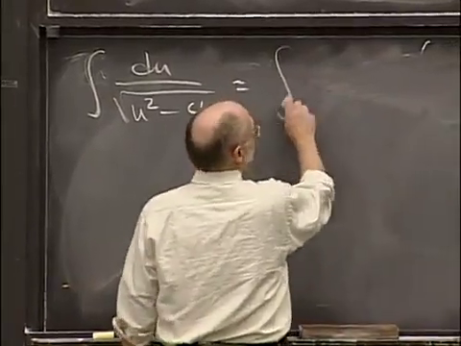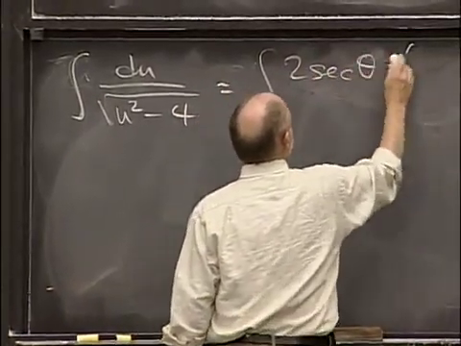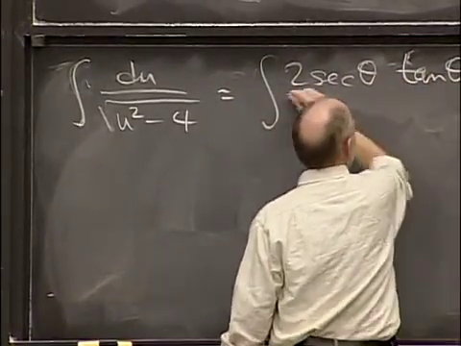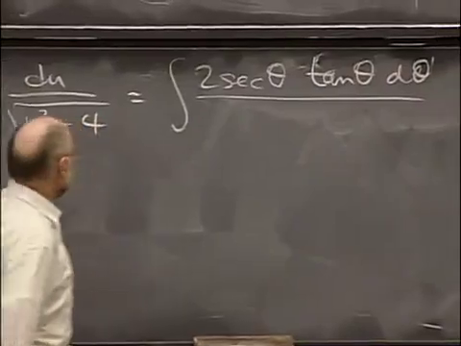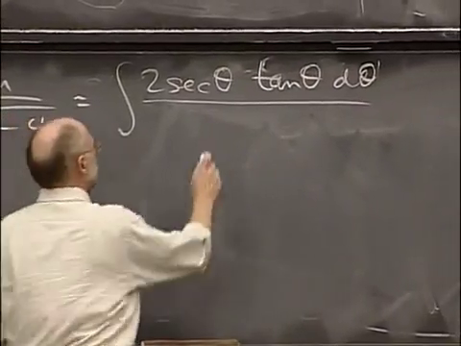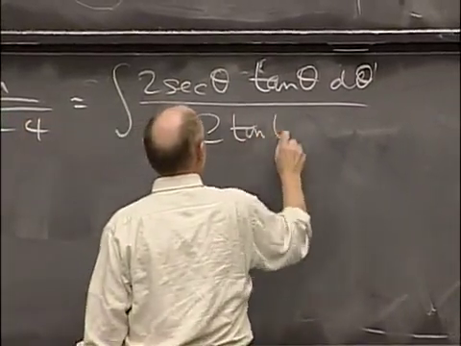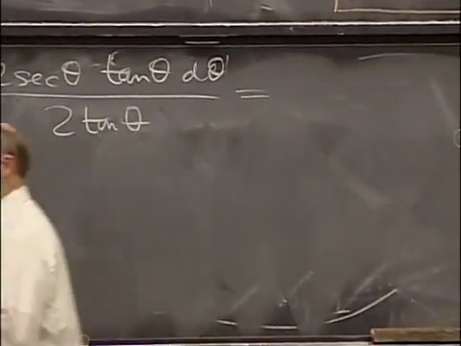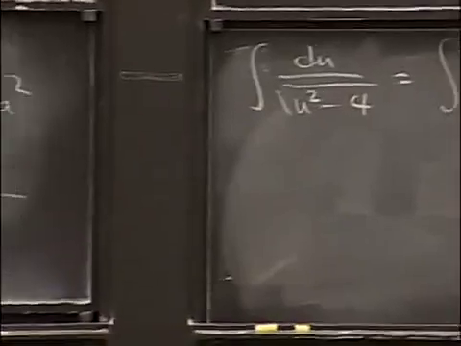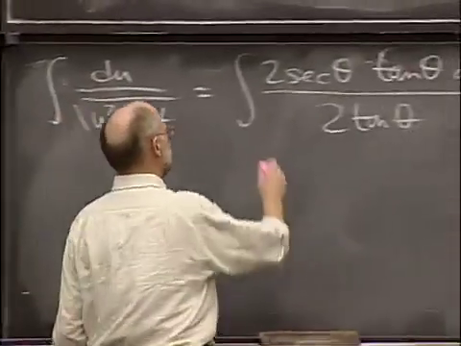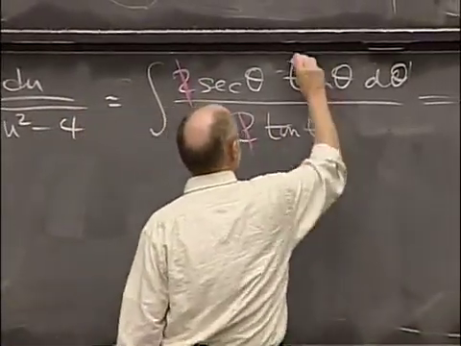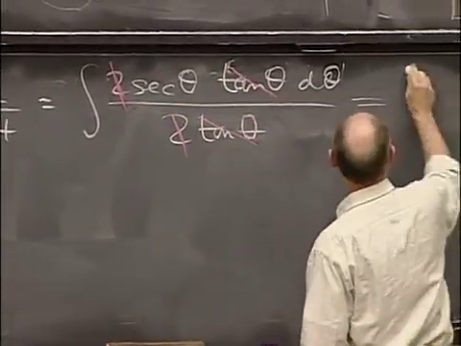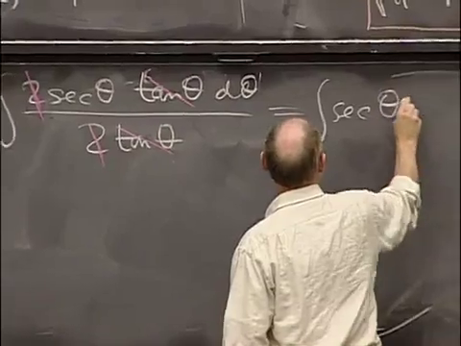So du is 2 secant theta tangent theta d theta. And the denominator is twice the tangent of theta. Ha! Well, some very nice simplification happens here. The 2's cancel, and the tangents cancel, and I'm left with trying to work with the integral of the secant of theta d theta.